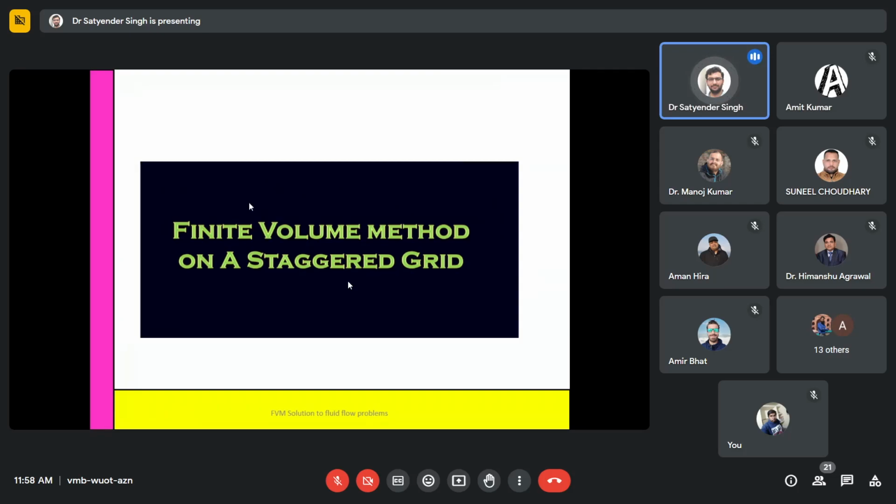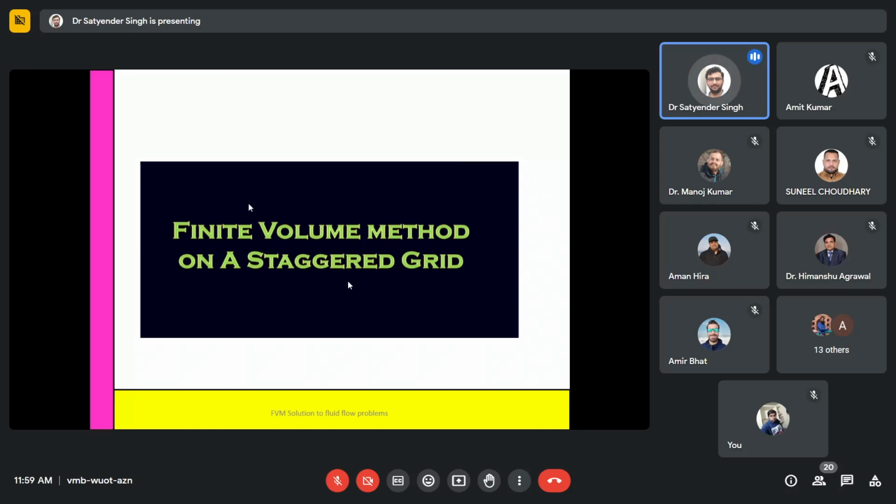The problem now arises: we are only considering yellow circles, which represent the cell centers. But now we have to deal with three variables, which are u velocity, v velocity, and pressure, that we generally obtain after the solution of a fluid flow problem. But at the same common point, which was represented by the cell center and yellow circle earlier, all three cannot be assigned at the same location.